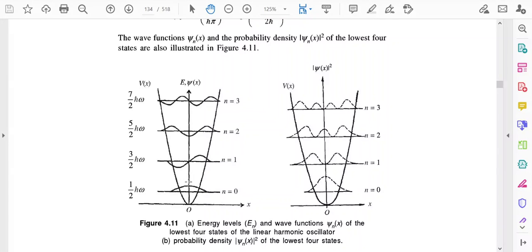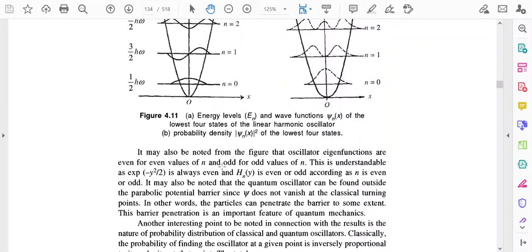So if you carefully look at the graphs for different states, we can say that the wave functions are even or symmetric for even states, that is for n equal to 0, n equal to 2, n equal to 4, and so on. And the wave functions are antisymmetric, or odd functions, for odd states, that is for n equal to 1, n equal to 3, etc.